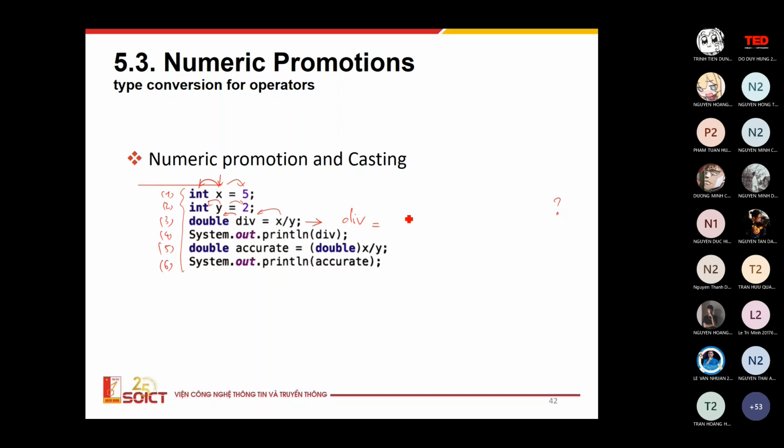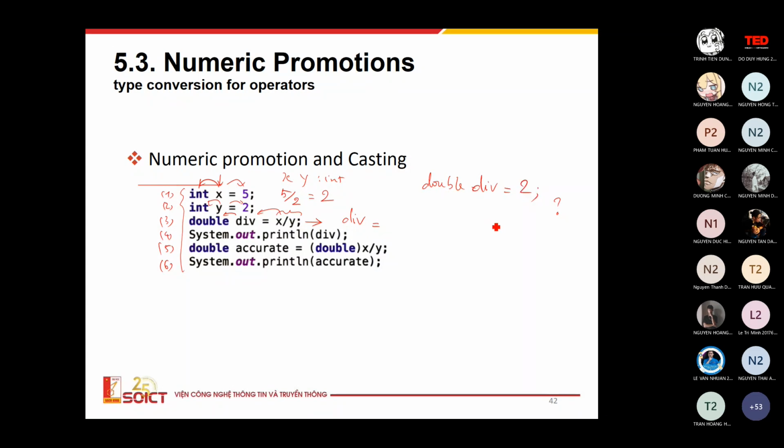The result will be an integer value and it is 2. This is 5 divided by 2 and the result will be 2, because both x and y are int. Okay. And you have to assign int to double, double div equals something like this.